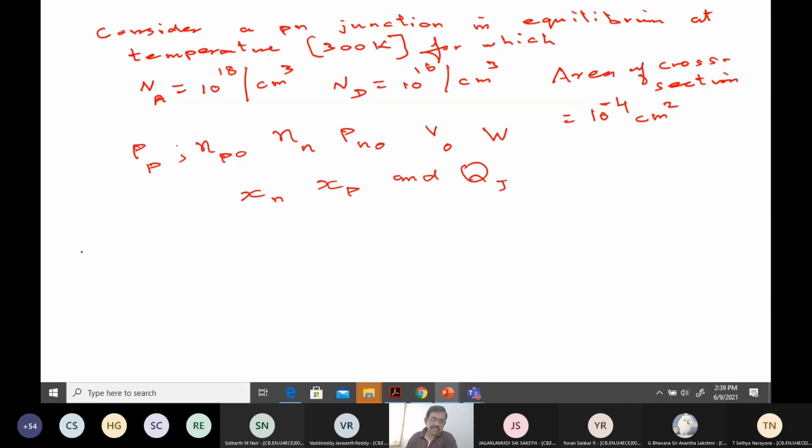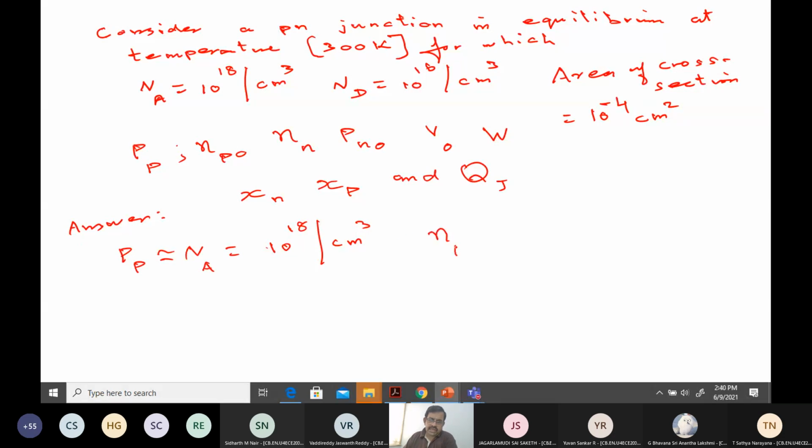What is PP? PP is the hole concentration in the P region, and hole is a majority carrier. So that will be nearly equal to the acceptor impurity concentration, which means it will be 10 power 18 per centimeter cube. This is the answer. Now go to NP naught.